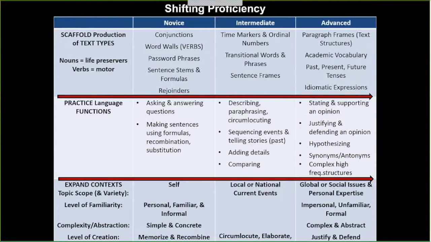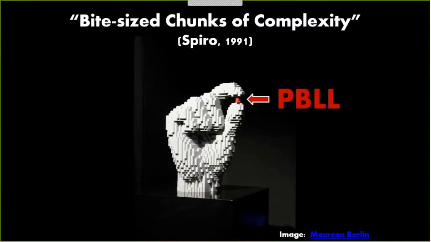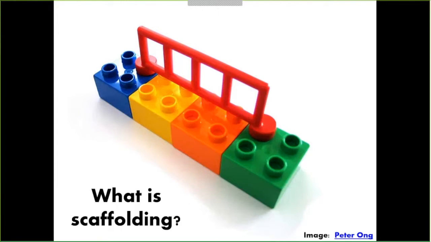We're going to look at some specific strategies for helping them to do that. But the main idea here is that we want them to have bite-sized chunks of complexity.